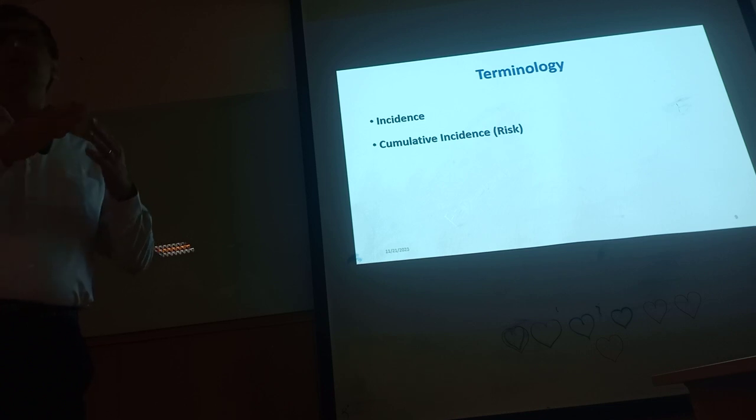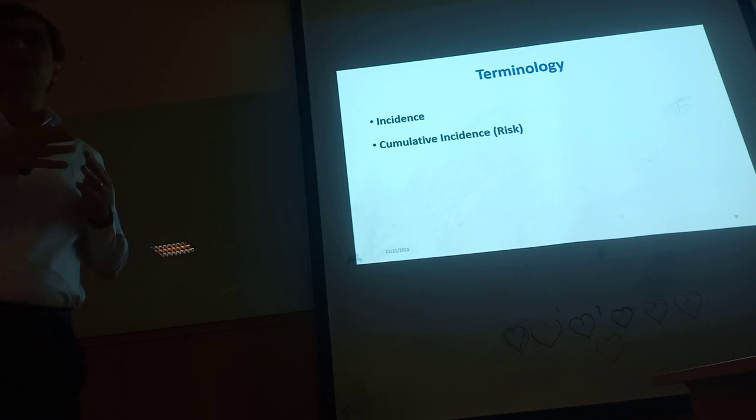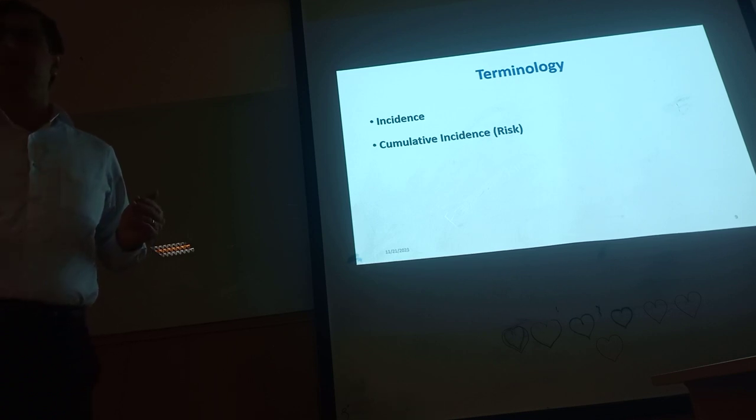In risk, the numerator is the same, the number of new cases in a specific time period. Okay? But the denominator is different. The denominator is the number of people who are at risk at the beginning of that specific period.